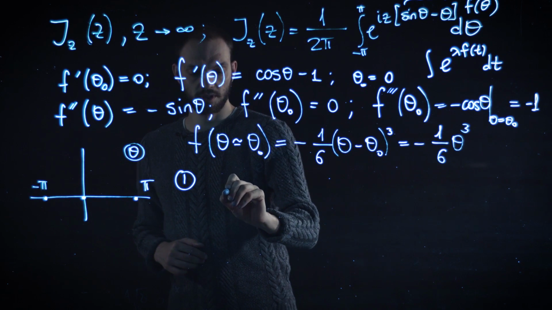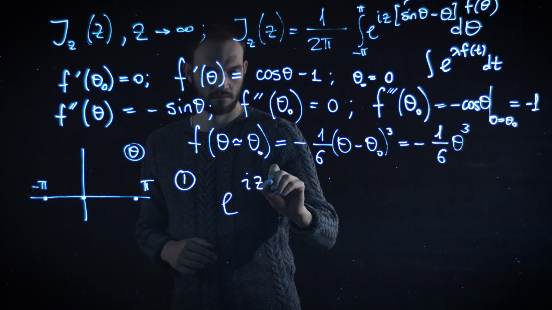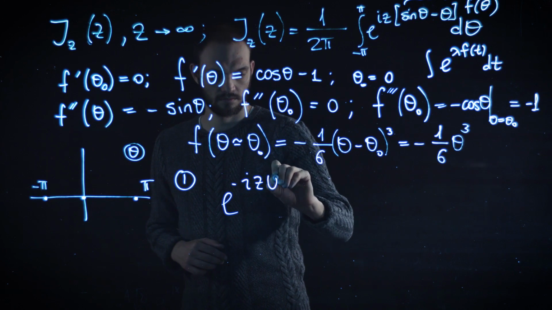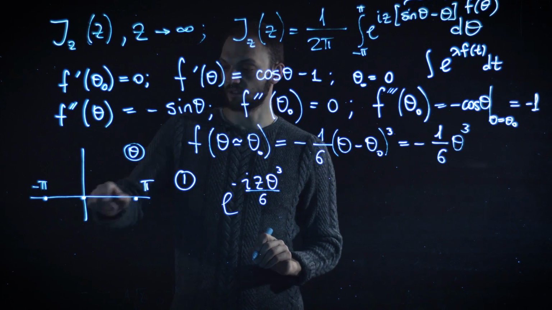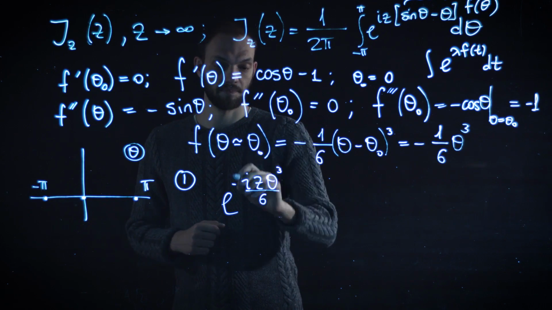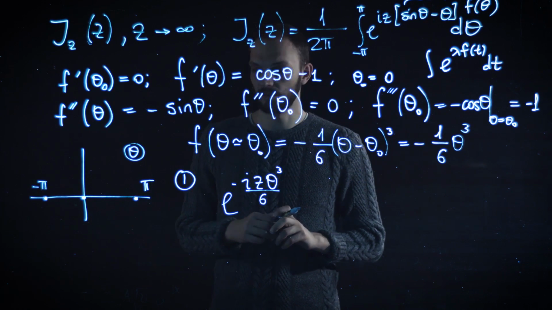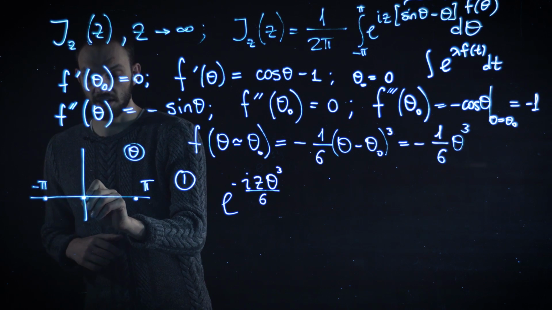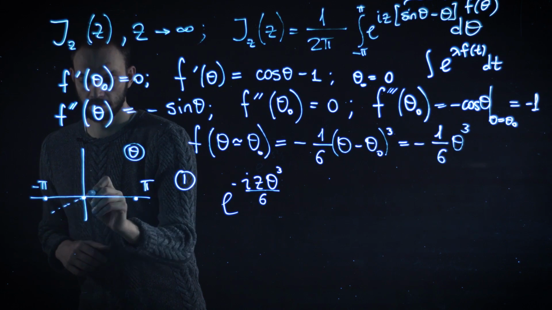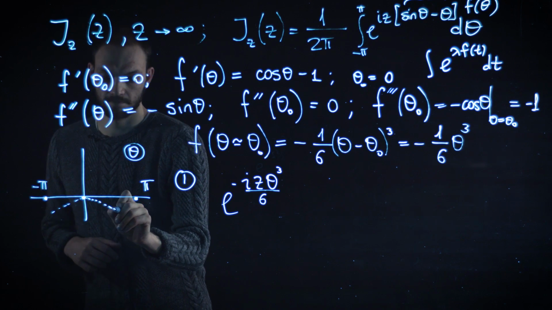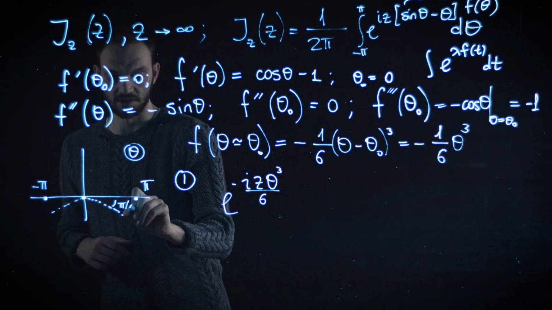In the exponent, we have, in the vicinity of the stationary point, this expression for the exponent. A standard analysis immediately shows us the directions of the steepest descent come along the dashed lines, where both of these angles are pi over 6.